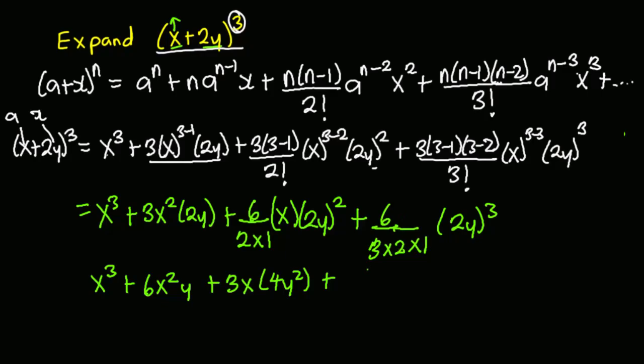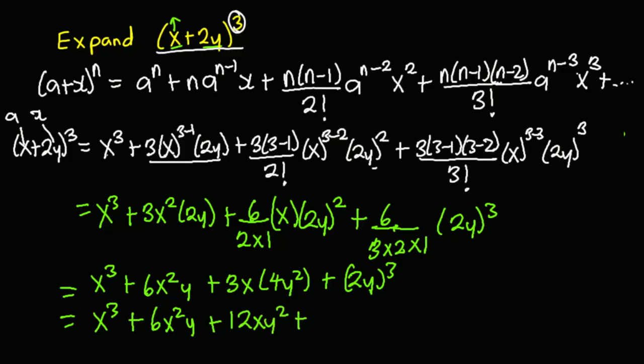So 6 divided by 6 is 1. So we'll be left with 2y all cubed. And so we'll end up getting x cubed plus 6x squared y plus 12xy squared plus 8y cubed. And this is the same as the previous solution.